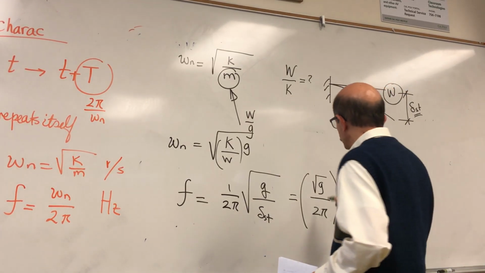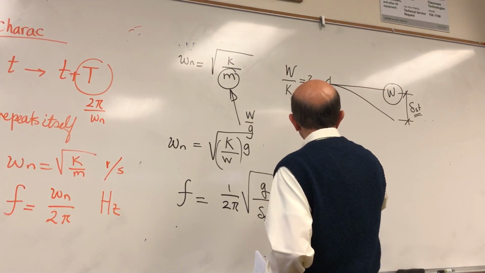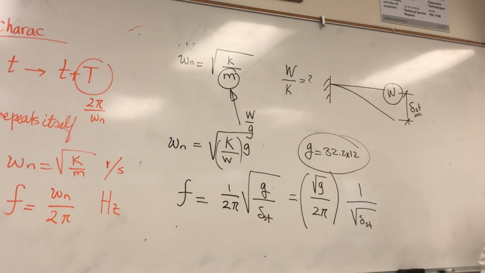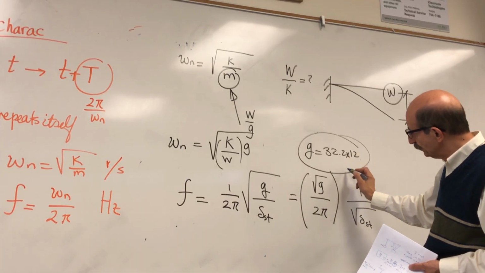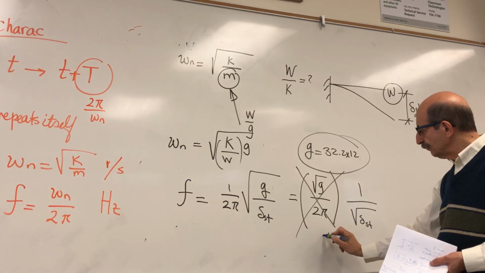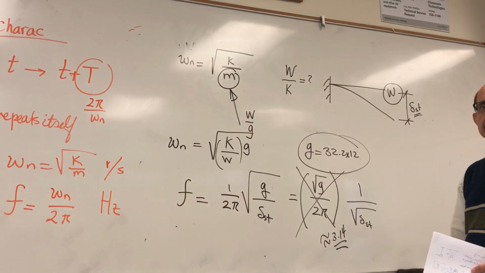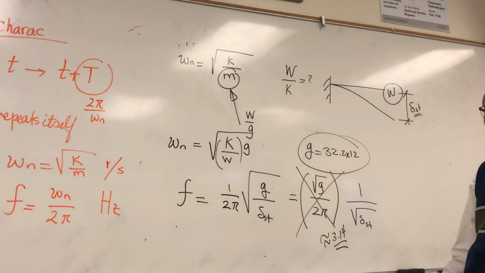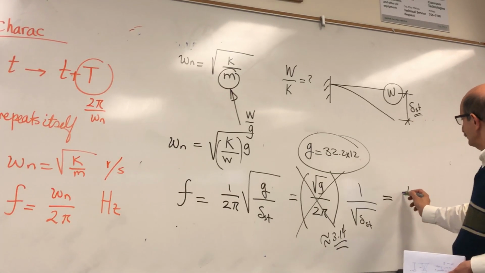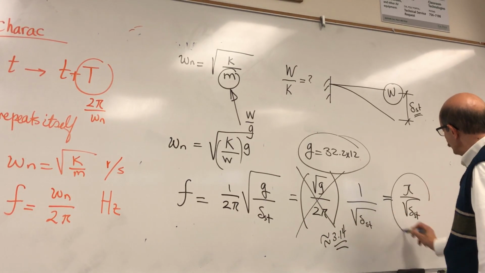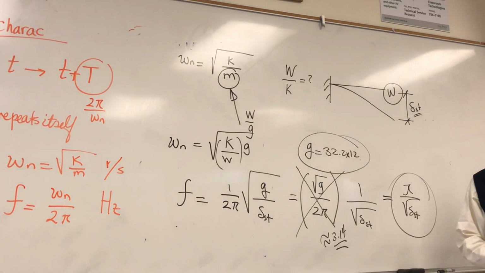In English units, if you substitute the value of G and evaluate this, it comes out to be almost 3.14, which is almost pi. So we can write this in a nice form, and this becomes an equation that you can use to easily find the first natural frequency of the system.